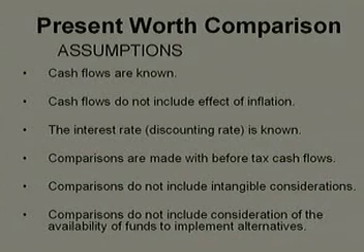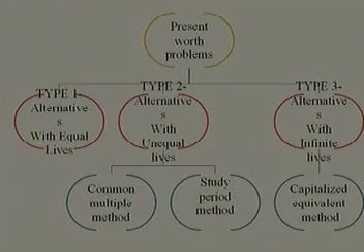Now, I will tell you the different cases that you may encounter while doing the present worth problems. There could be three types of situations when you deal with present worth problems. Type 1 problem would be involving those alternatives with equal lives. When I talk of equal lives, the statement of problem could be like this: there are two brands of equipment, brand A and brand B. Both the brands have the same service life.